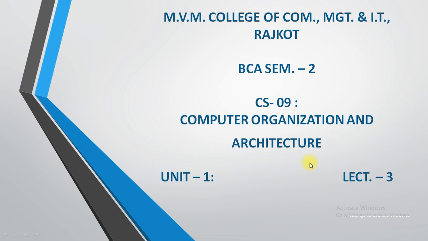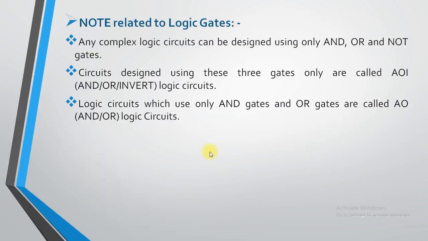But before switching to the theory of universal gates, I would like to share notes regarding logic gates. So let me refer to the points related to the basic logic gate.